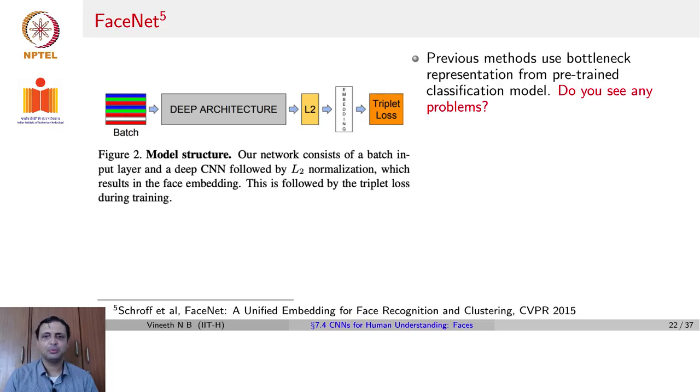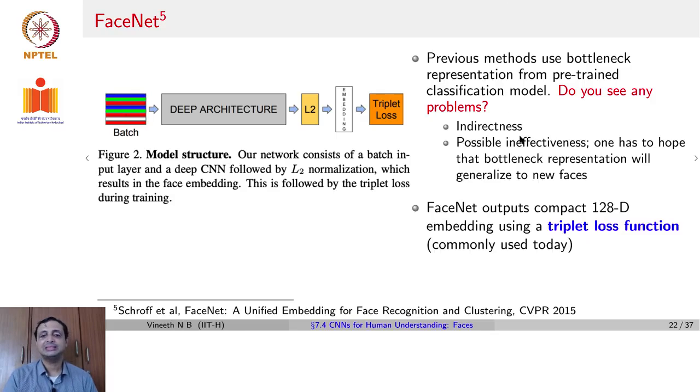Is there a problem with this approach? FaceNet claimed yes. It has an indirectness because we don't know what those embeddings from an intermediate layer, or a penultimate layer, or what is called a bottleneck layer, could be used for in later tasks.